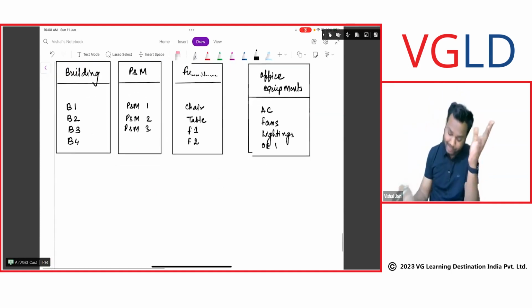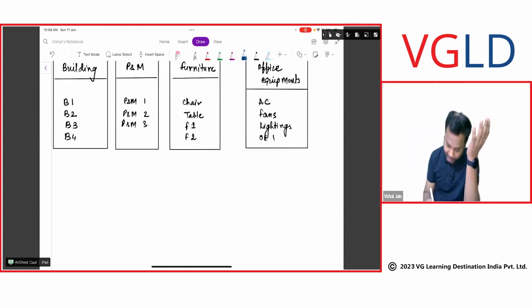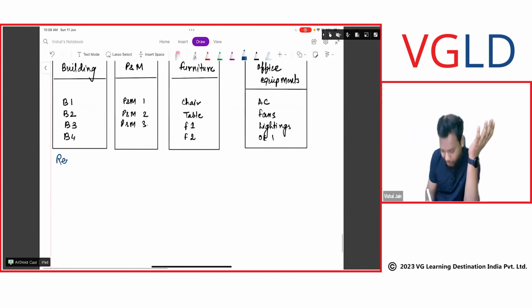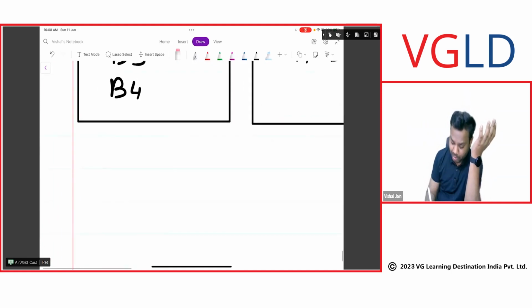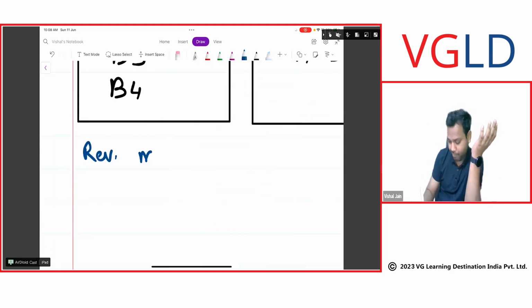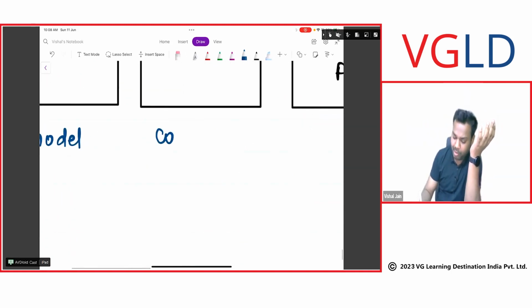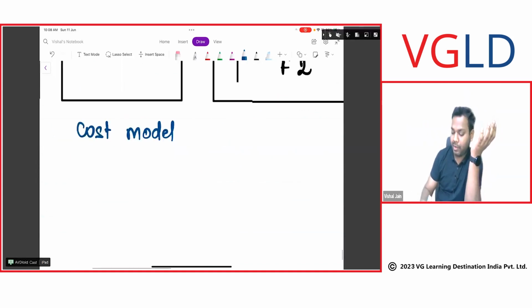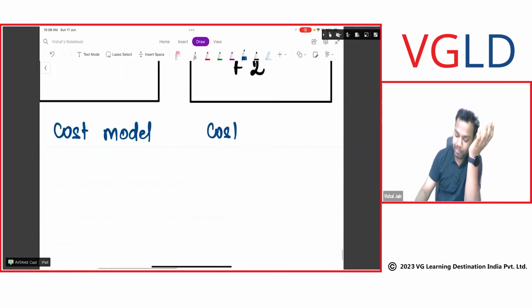Meaning thereby, the entity can say that for building, I will opt for a revaluation model, and for all others, I will opt for cost model.